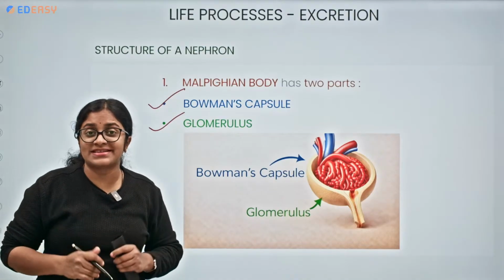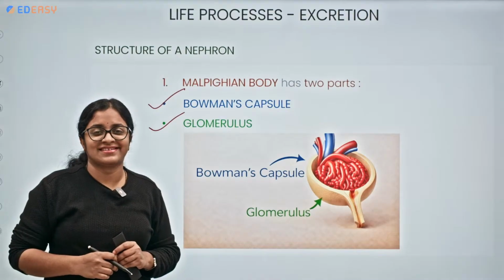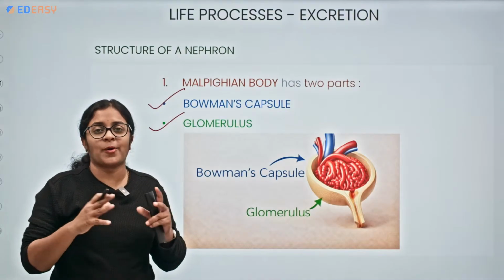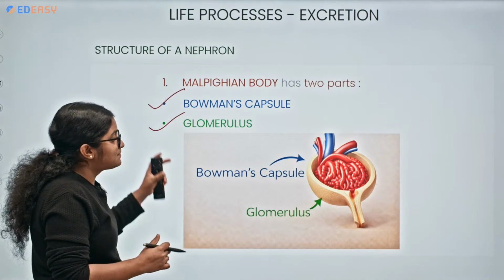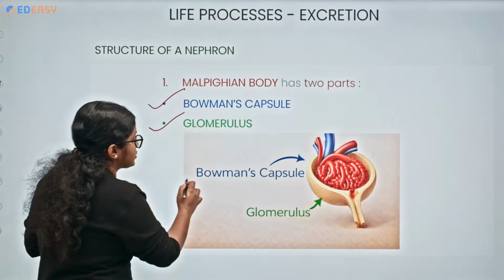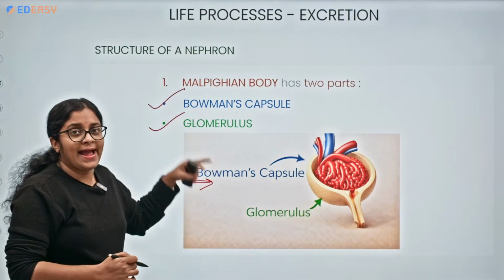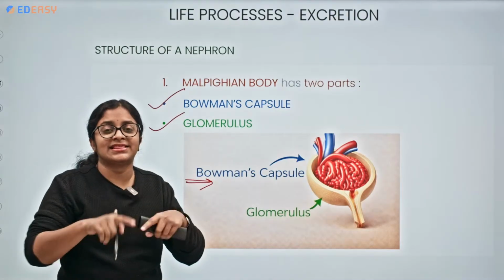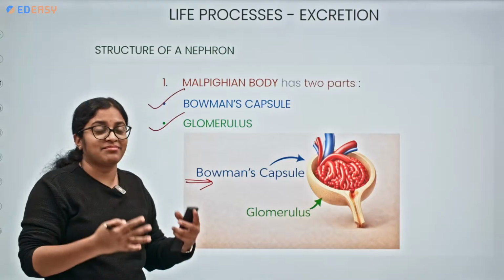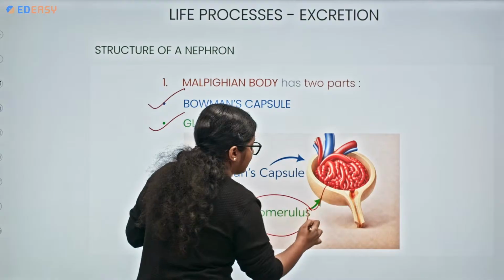So what is Bowman's capsule now? What do you think? Bowman's capsule is the cup-shaped structure. So the cup-shaped structure over here is the Bowman's capsule, and inside the Bowman's capsule you can see blood vessels present, and this is called the glomerulus.